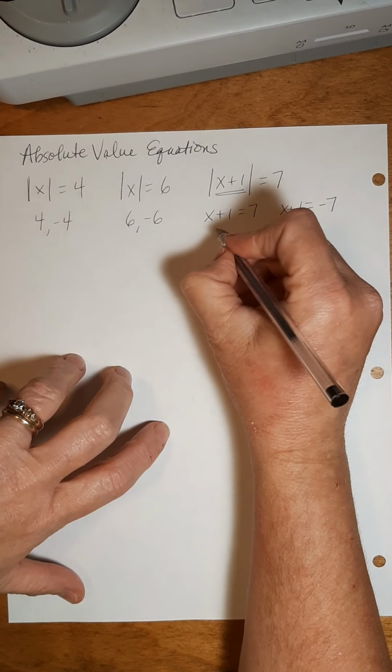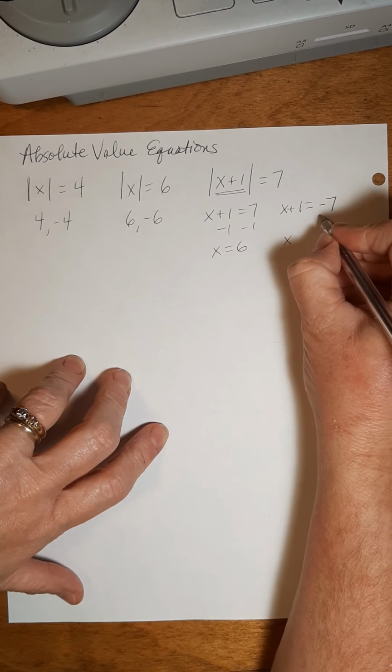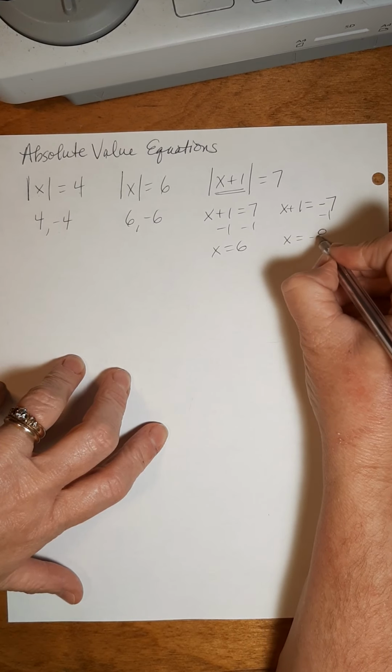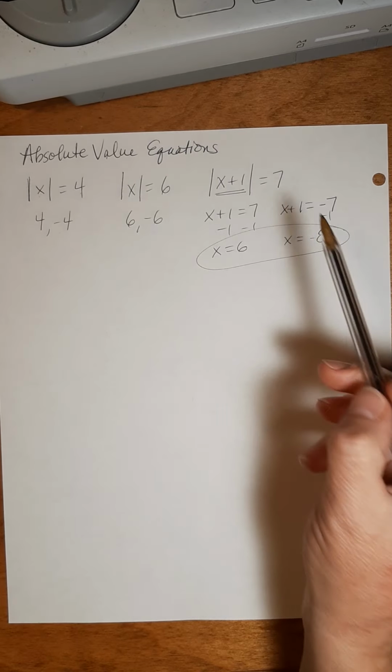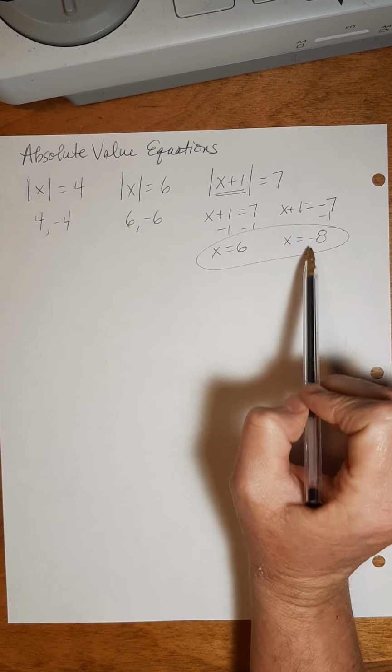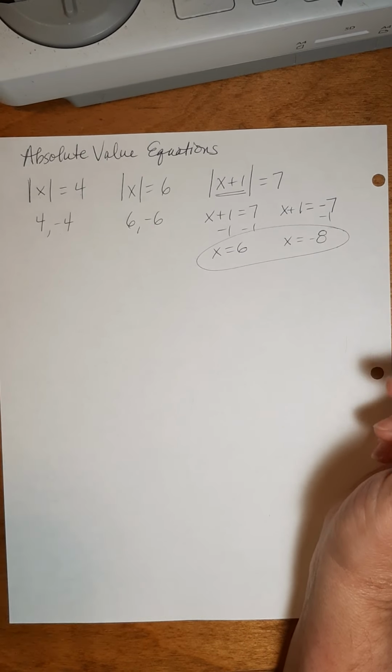And then you just solve it like normal. Subtract 1, so x is 6. Subtract 1, x is -8. And you have two answers that work, because notice how 6 plus 1 is 7, and -8 plus 1 is -7. Absolute value, 7.